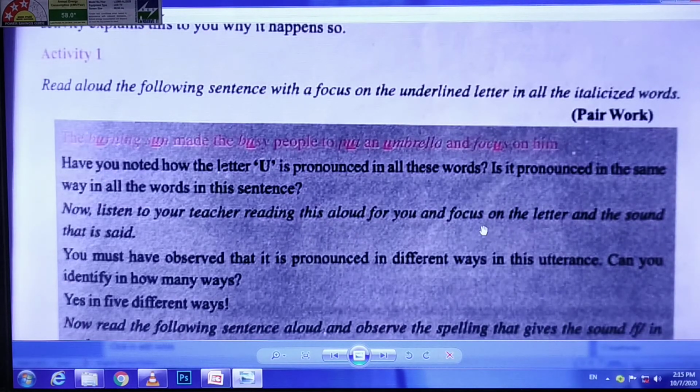Just notice, in the whole sentence there are many U's. How is the letter U pronounced? We know it is not pronounced in the same way. It is pronounced in different ways. Just listen once again. The burning sun made the busy people put an umbrella and focus on him.